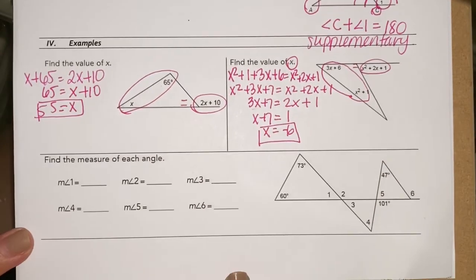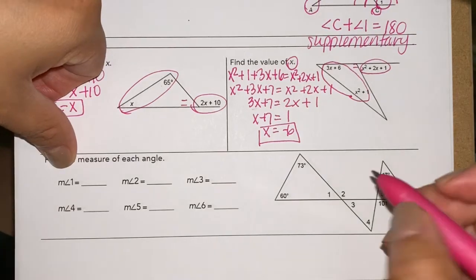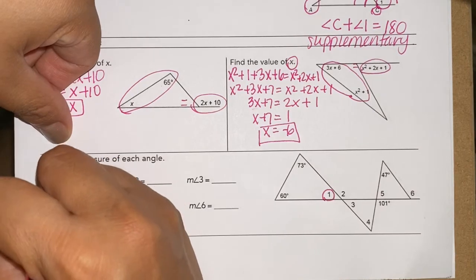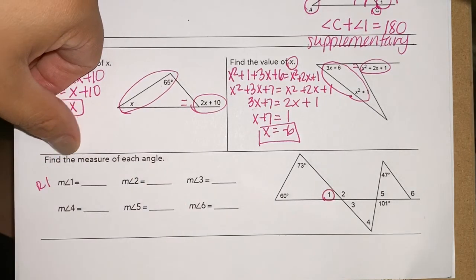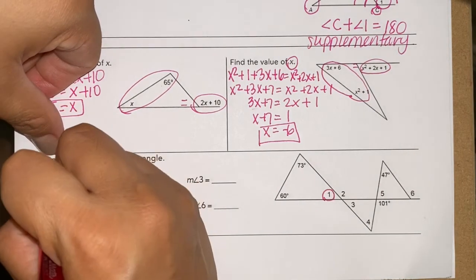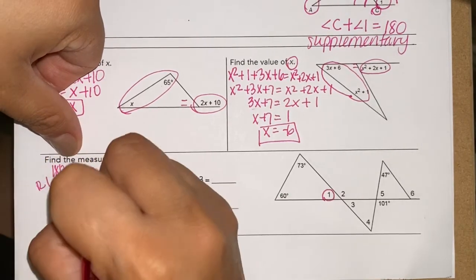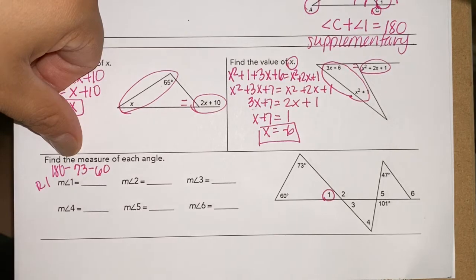Okay, so now we're going to talk about angle relationships. This is going to be a little tricky. Just go ahead and follow along. The measure of angle 1 is what we're trying to find here. We know that this is going to be rule 1. So it's going to be 180 minus 73 minus 60, which is going to give me 47 degrees.